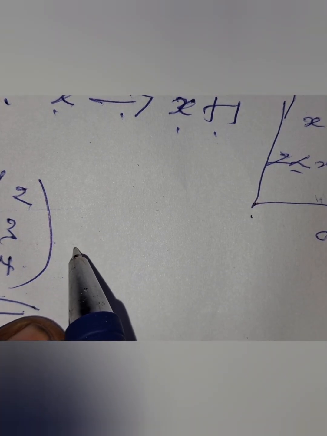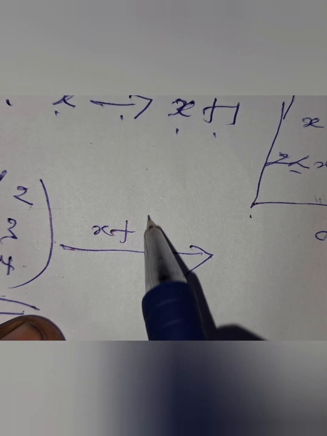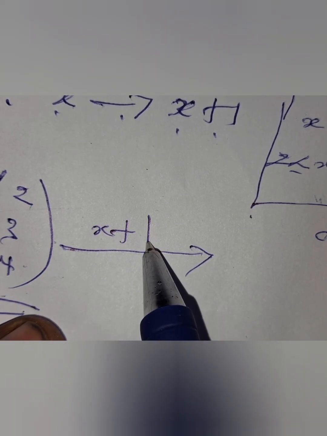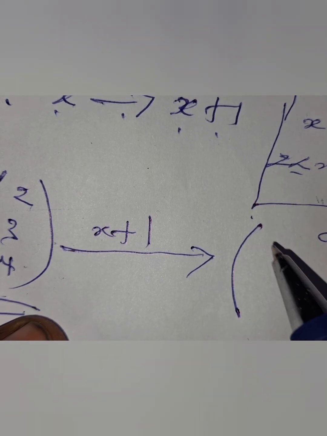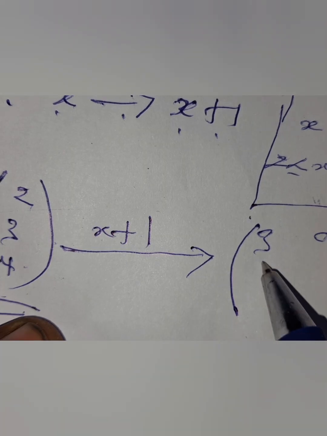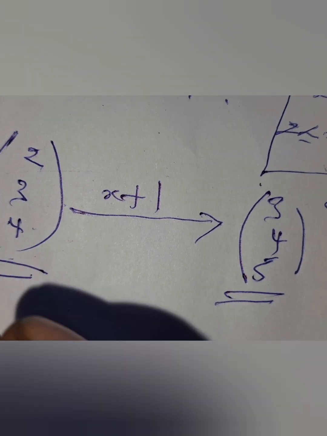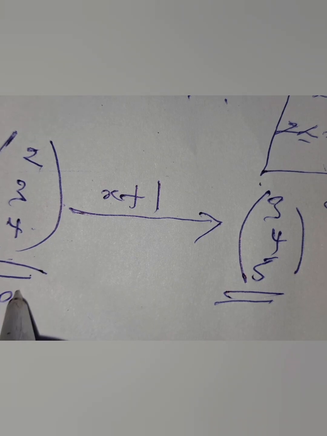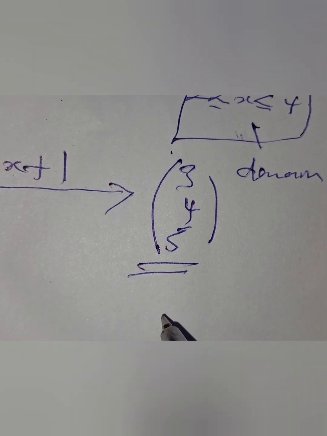Now, when we put them into the function f, the function f is going to add 1 to each and every one of these values. So what are we going to get? We're going to end up having 3, 4, and 5. And these are going to be outputs. So these were inputs, and these are outputs.